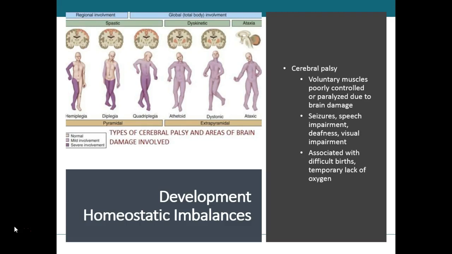Of course, this is going to result in seizures, loss of muscle control, and may have deafness and visual impairment as well. This particular image shows you different types of CP and the brain areas that are involved. If you are taking my test, I'm not going to ask you about these different types, just the overall idea of what cerebral palsy is, and the things that cause it.